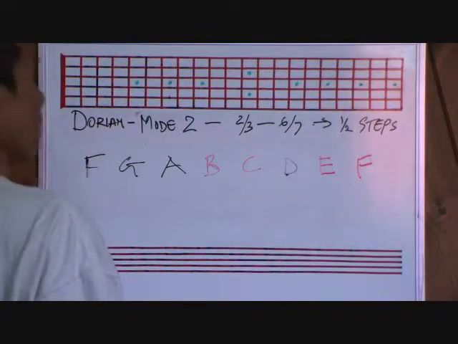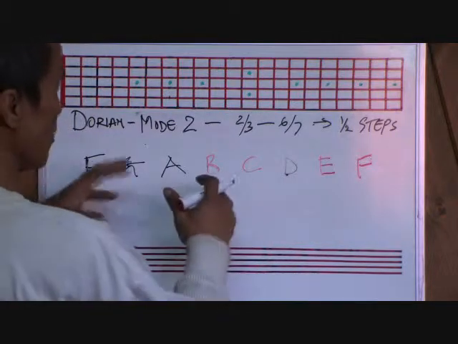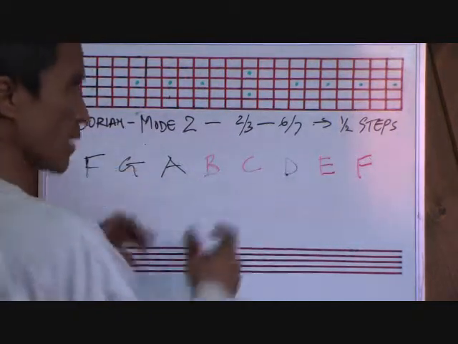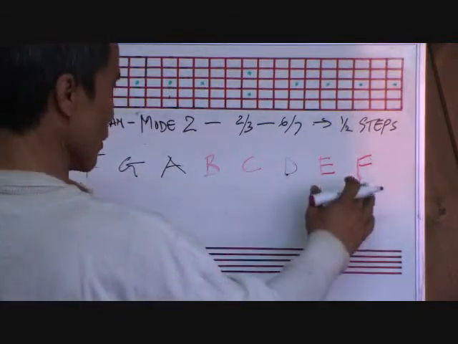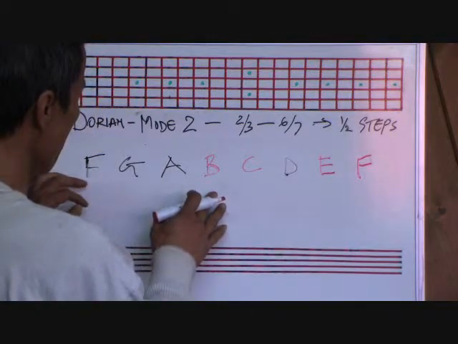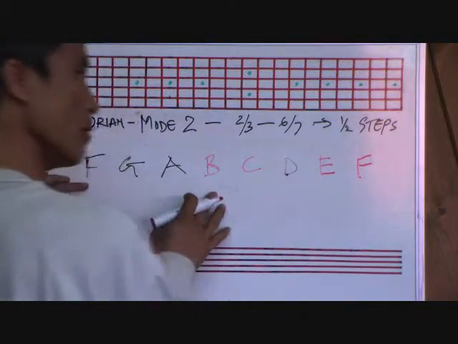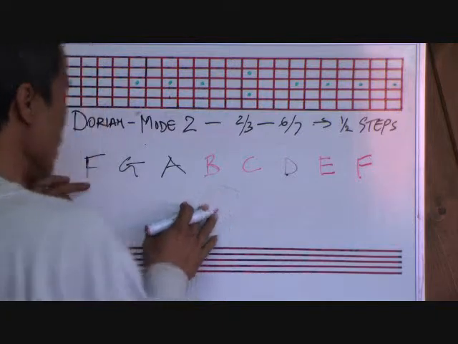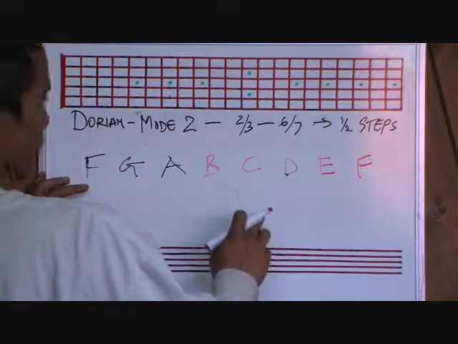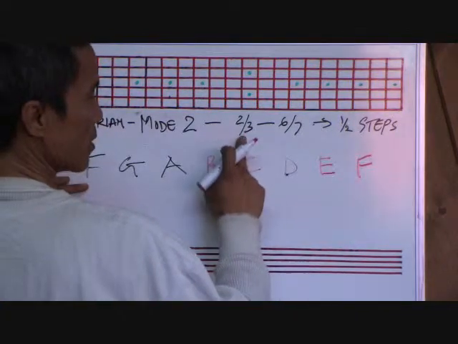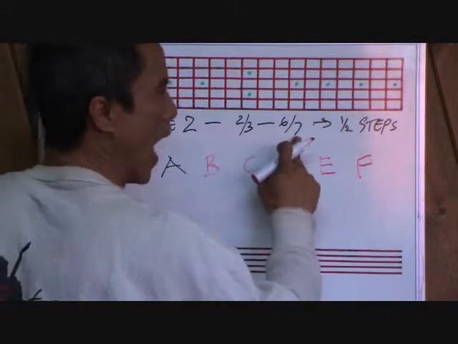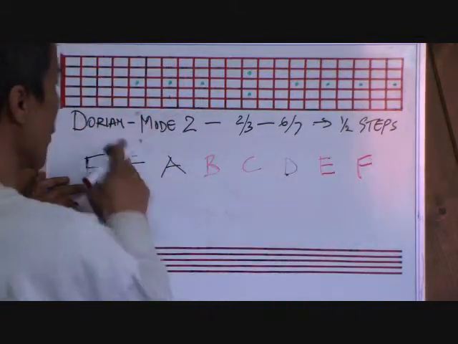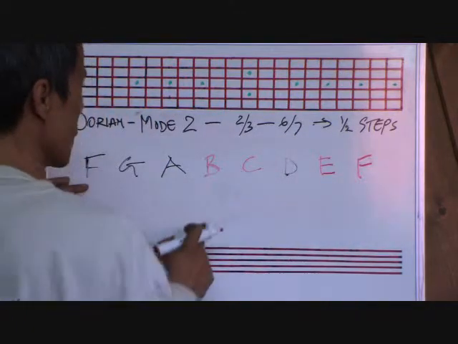Okay, now we need to apply sharp, flat, accidentals on this to balance and make the F Dorian or F mode 2. Okay, the formula is second and third step, 6 and 7 is half step for the Dorian or mode 2.